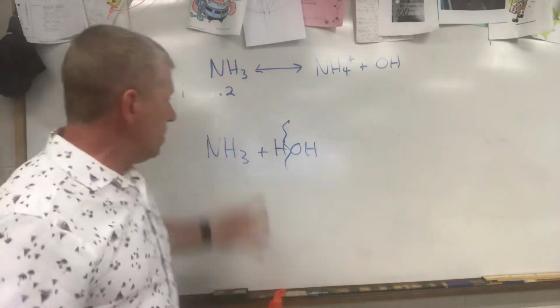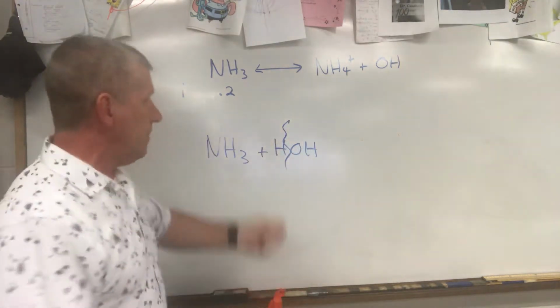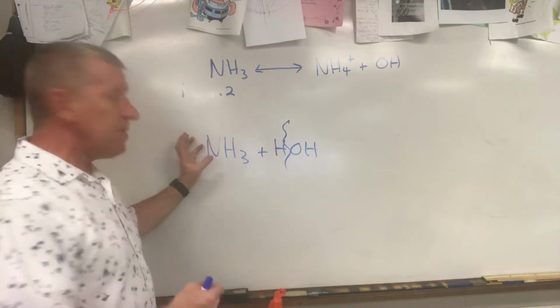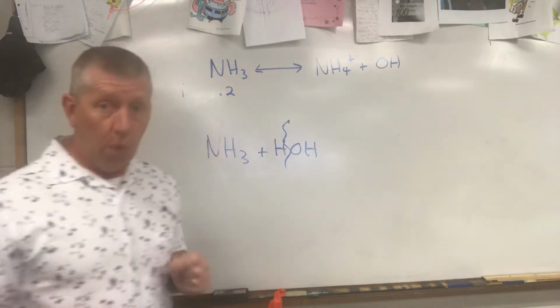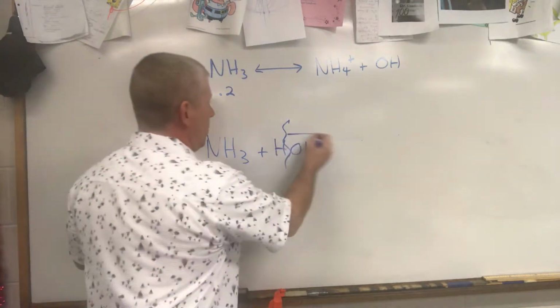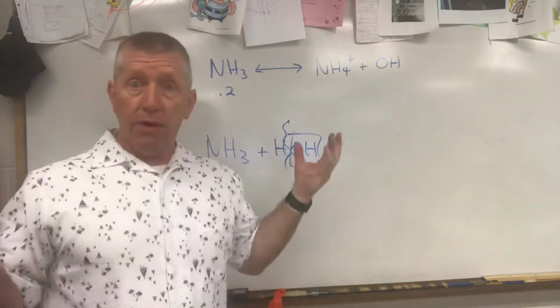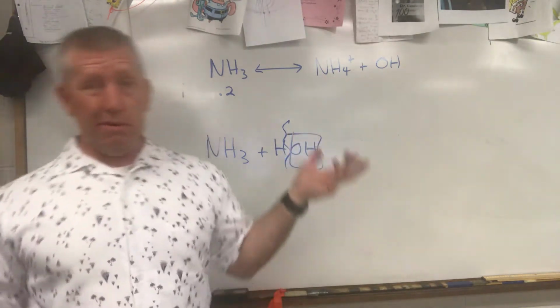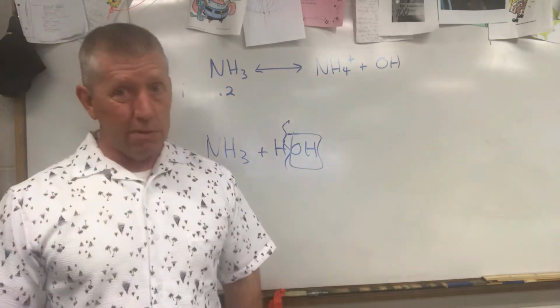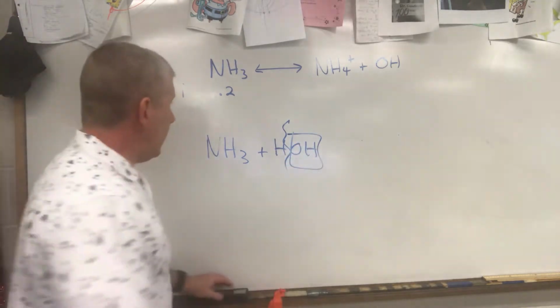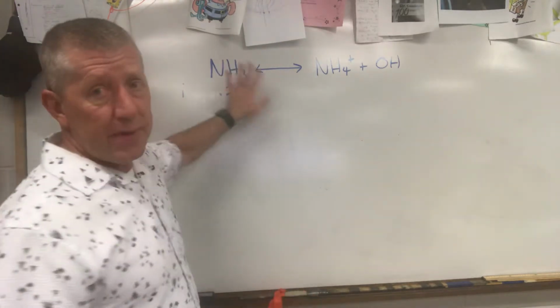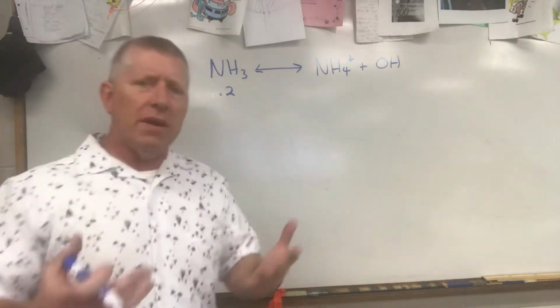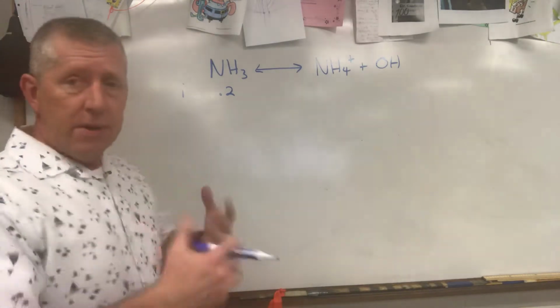So if this water self-ionizes, has some hydrogen in it, those hydrogens can connect to that ammonia and make NH4, and then you'd be left with some free hydroxide floating around going, what am I gonna do? I guess I'll have to make a basic solution. So that's what's going on here. I don't write the water in. It's always on the left side of these reactions. It always is. I just don't write it in because to me it gets kind of redundant.